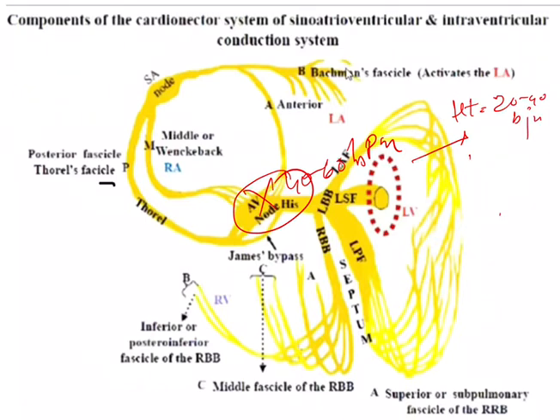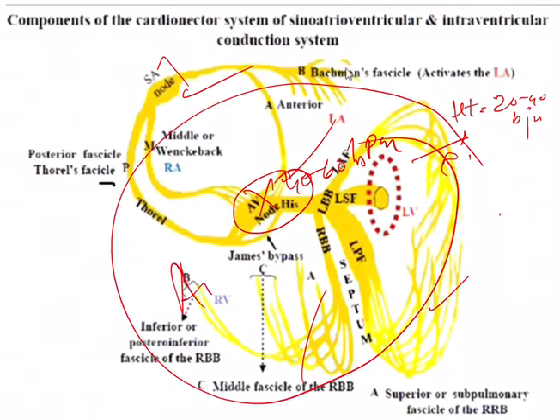This is important because in some diseases, if the SA node is not functional and the AV node is also not functional, then the Purkinje system comes into action and helps the heart to contract at the rate of 20 to 40 beats per minute, so as to maintain the function of the heart. And this whole process is called automaticity.